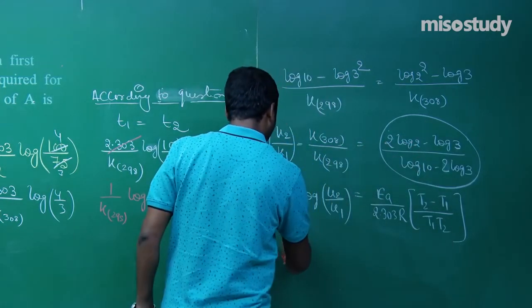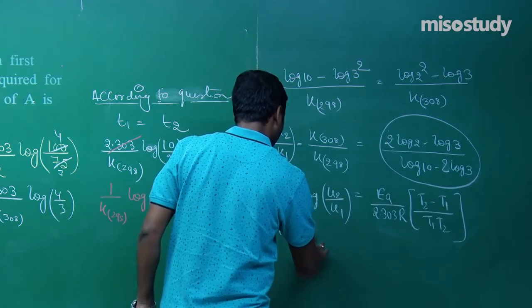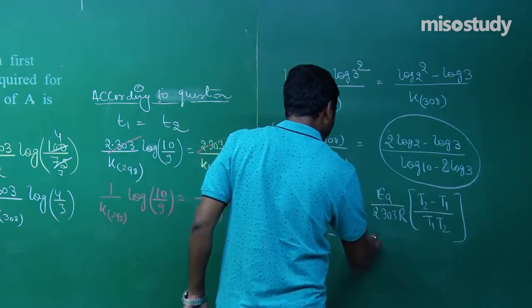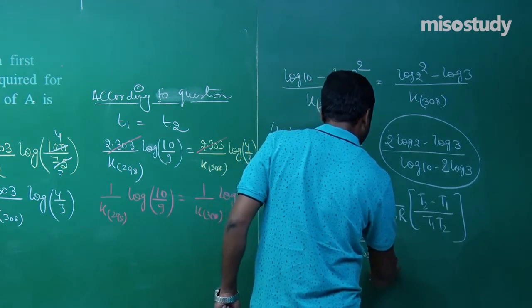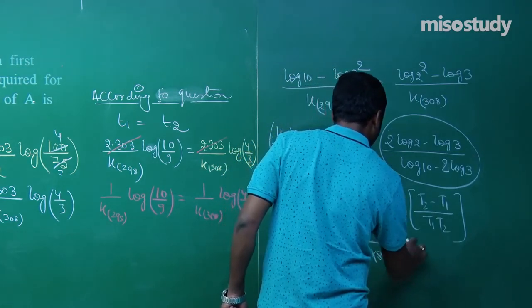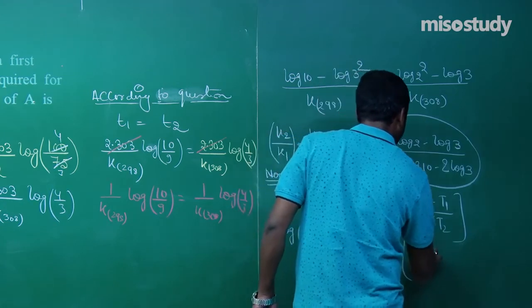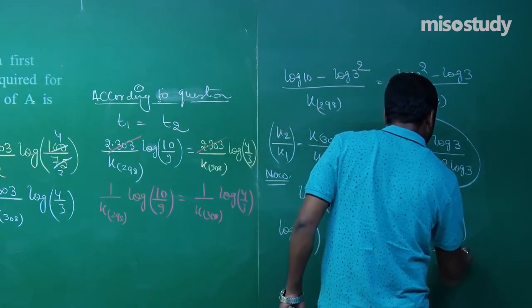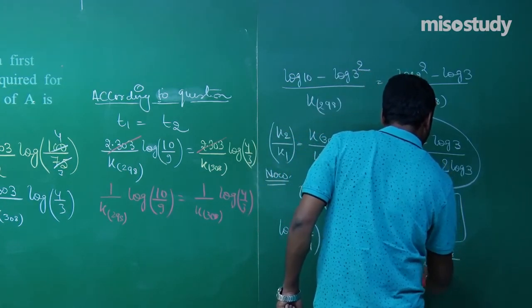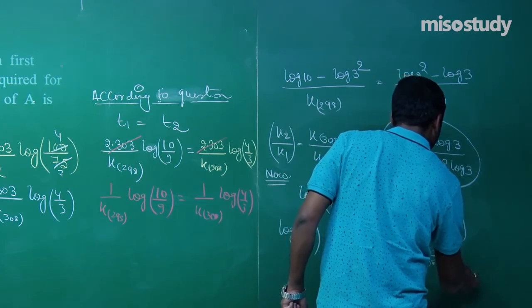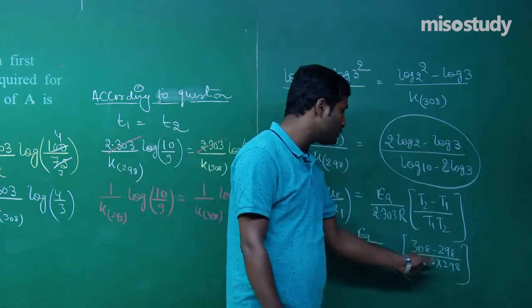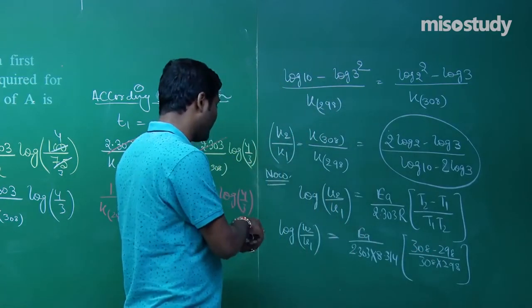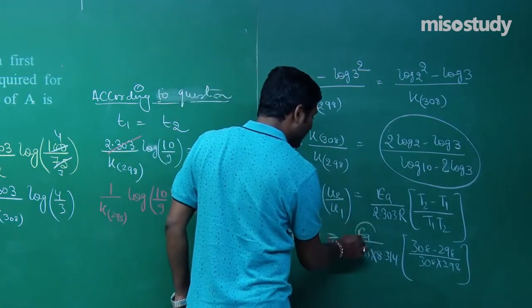Log K2 upon K1 is equal to EA upon 2.303 R, R is 8.314. T1 is 298, T2 is 308. Now what will happen? We get the answer, my friend, EA.